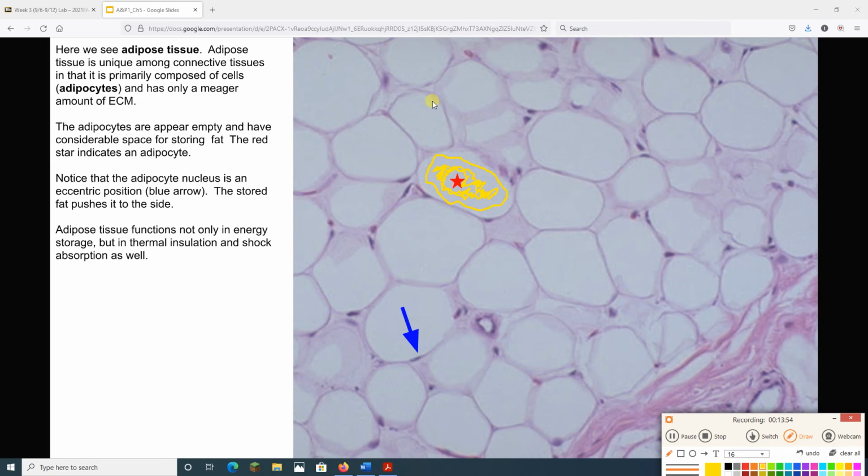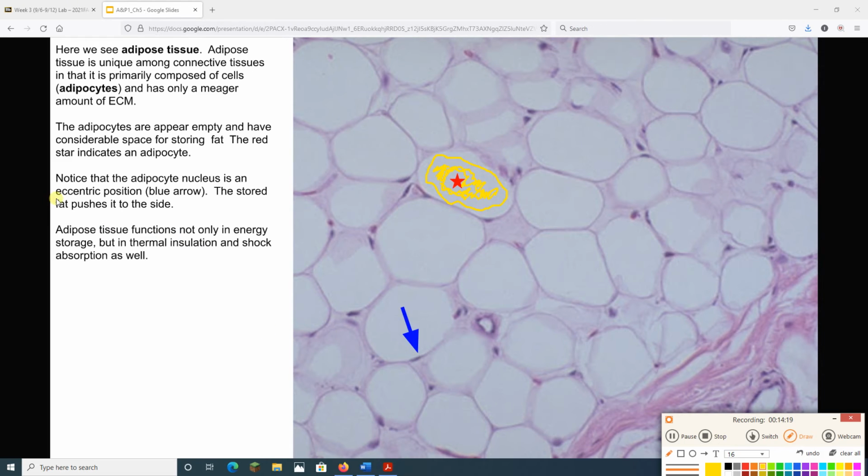All right. One interesting thing is, as you look at these guys, you may wonder, all right, they look empty, but where's their stuff? Where's the nucleus? Now, in some of these guys, it's really hard to see the nucleus. It's almost impossible to see the nucleus. And in a couple of them, I can make the nucleus out, though. The nucleus in an adipocyte is pushed off to the side.